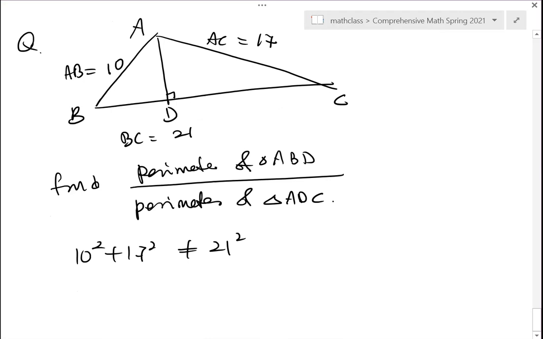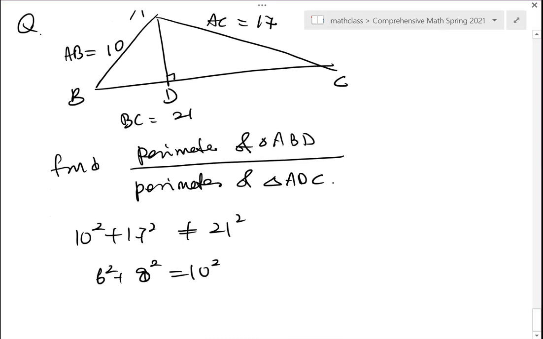The quick way is this: if you can recognize that this consists of two special right triangles, then you solve the problem. 10 squared equals 6 squared plus 8 squared, and 8 squared plus 15 squared equals 17 squared, and 6 plus 15 equals 21.